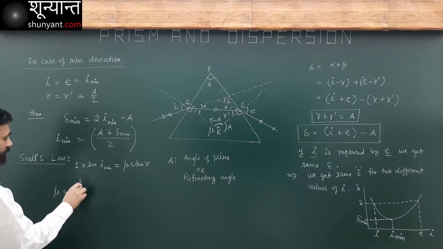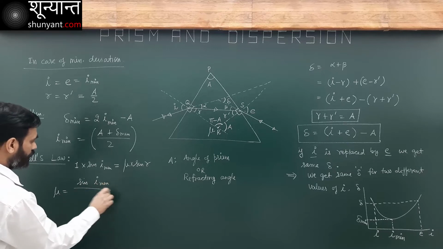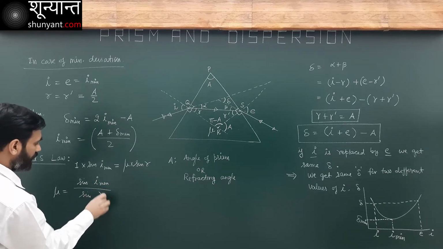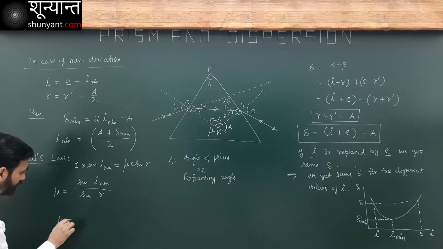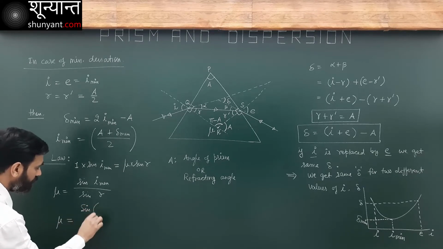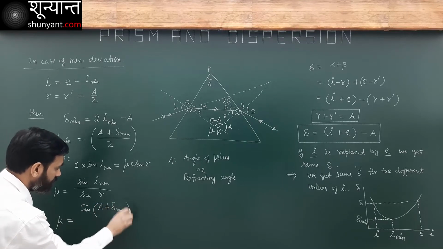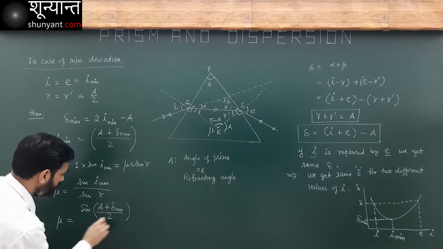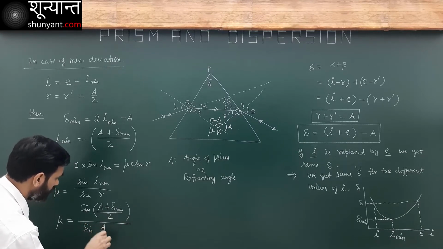Mu is equal to sine I minimum over sine R. And then let's replace these values. So I get mu is equal to sine of (A plus delta minimum) over 2, divided by sine of A over 2.